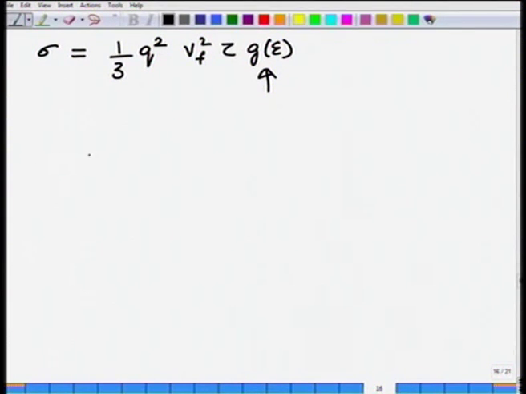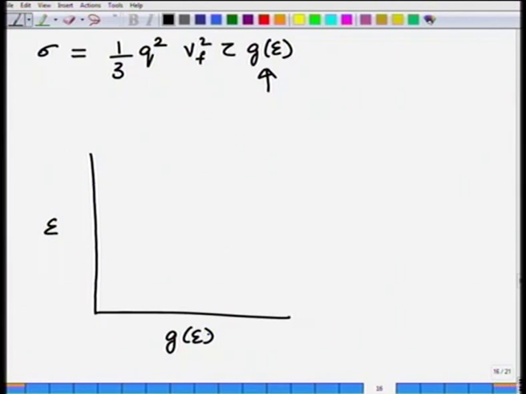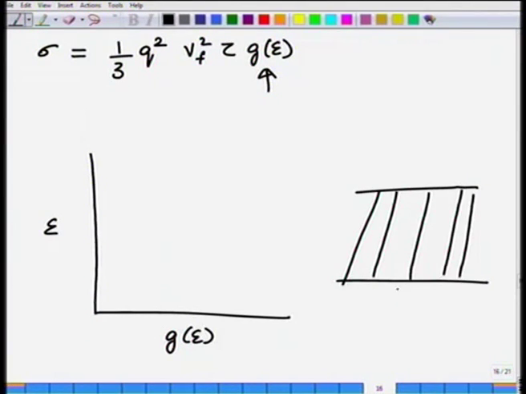I could think of this therefore something like this. I could think of density of states like this in the energy scale. Remember, if I think of a band, what does that mean? I mean that below it there are no energy states, energy states are not allowed, and energy states above it are not allowed.